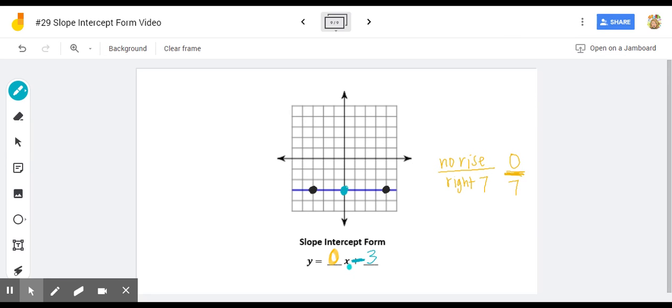Instead of saying 0x, 0 times anything is still 0, which means another way we can write this equation is no x, meaning 0 minus 3, which means that our y equals just negative 3, is another way to write that. So instead of writing 0x, you literally don't put an x because there are none. And then you leave your y-intercept in the equation. So y equals no slope, 0 slope, minus 3 for our intercept.